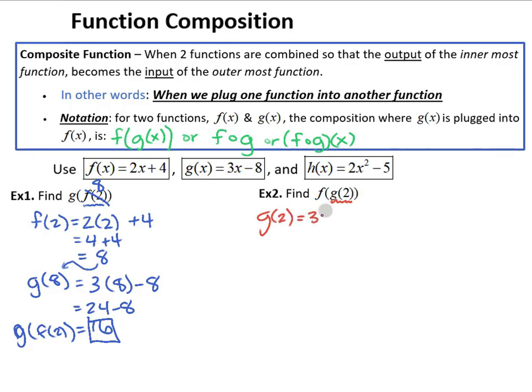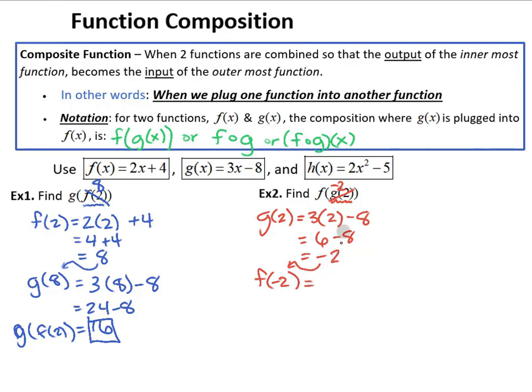So we'll go to function g, 3 times x, we're plugging in 2, minus 8. 3 times 2 is 6, and 6 minus 8 is negative 2. So this innermost function has evaluated to negative 2, and that's what we need to plug into the outer function. So we're going to find f of negative 2, plugging this value into the outermost function.